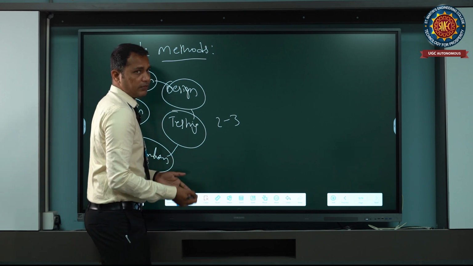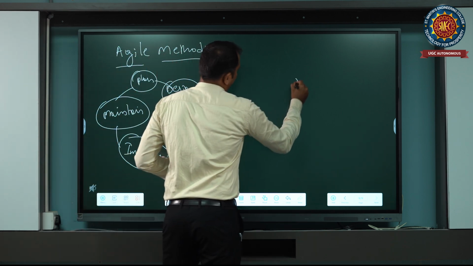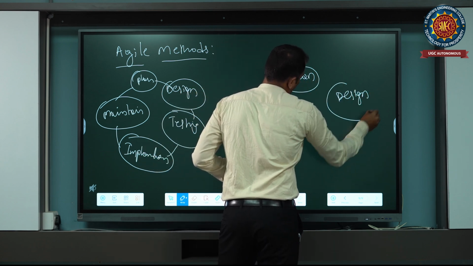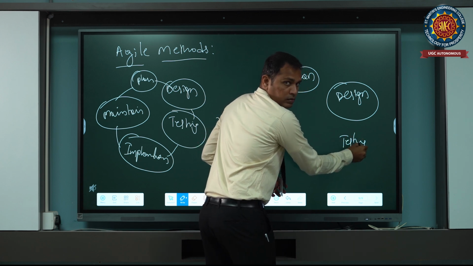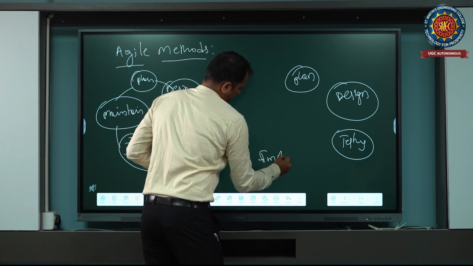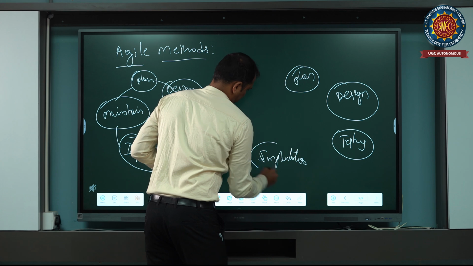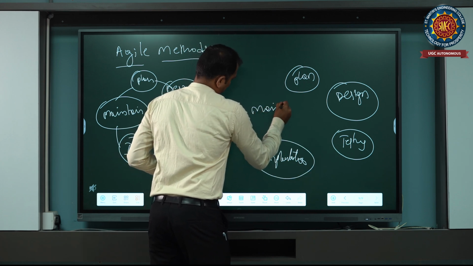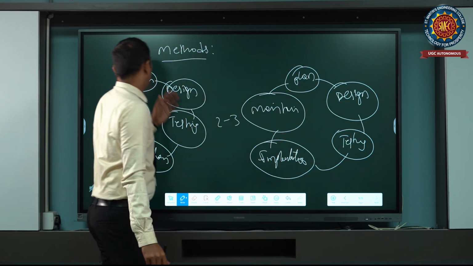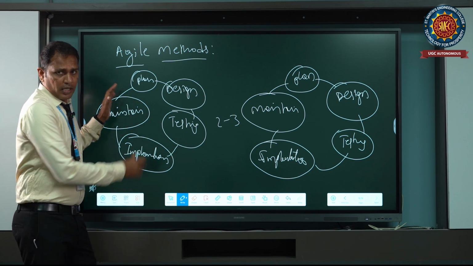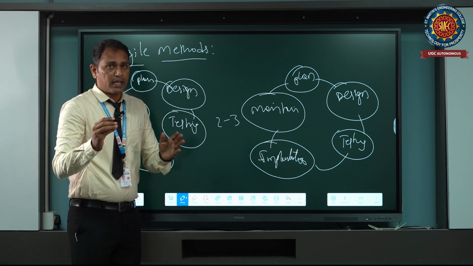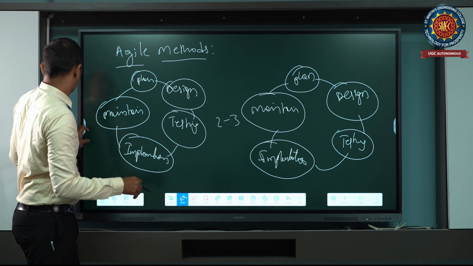After 2-3 months we implement another one. In the agile method we use a life cycle, and after 2-3 months we use another life cycle for better quality and better implementation of new techniques.